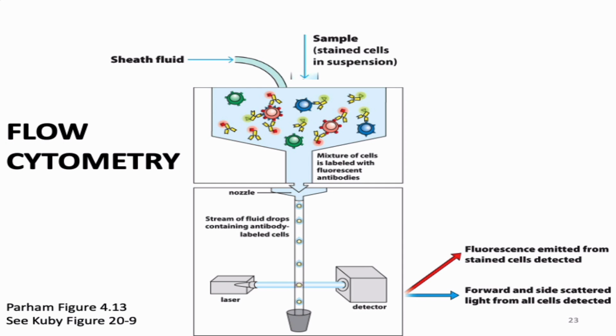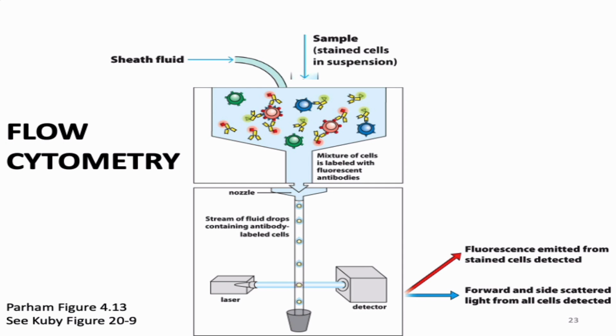I'm then going to take that sample and put it on the machine, and the machine's going to basically suck it up and mix it with a whole bunch of liquid, which is the sheath fluid. I'm going to have this mixture, and I'm going to then push it through a nozzle. And when I push it through the nozzle, I'm going to adjust so that I get the cells to actually fall in a stream with 1 cell per droplet of water or per droplet of sheath.